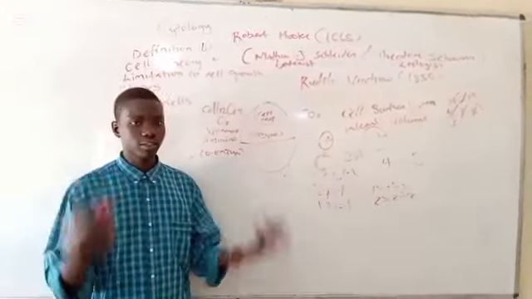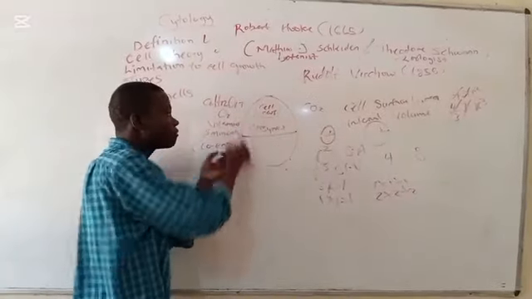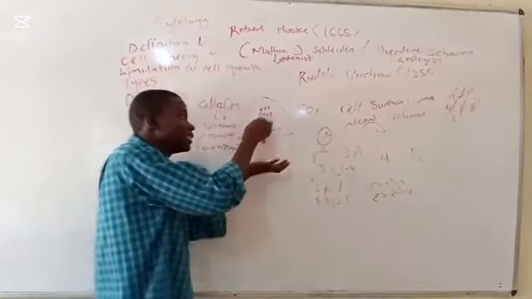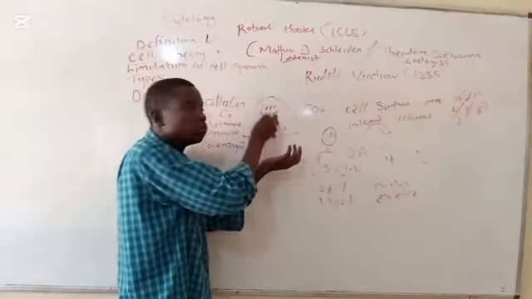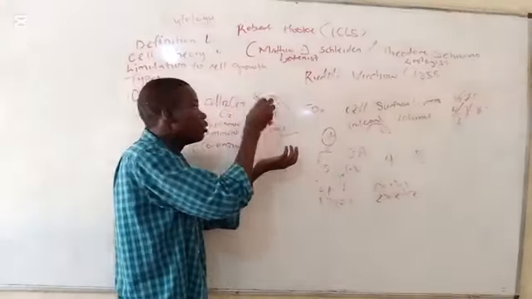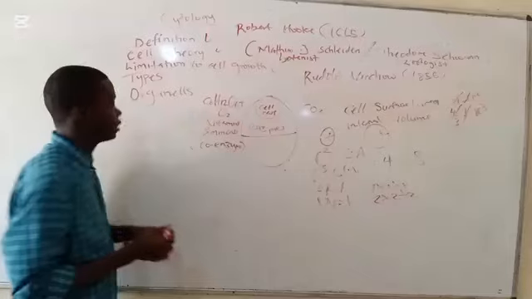So that is basically the limitations, or the reasons why cells remain a certain size. It all boils down to the relationship between the surface area and what is inside, the internal volume of that cell. So that is that about the limitation to cell growth.